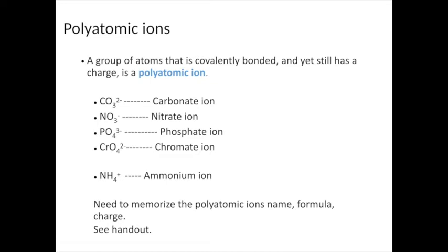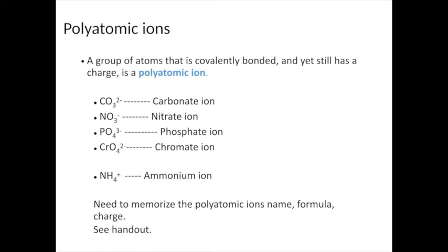In Canvas, I have a list of polyatomic ions, and the ones in bold you should have memorized. So look over that, make sure you print that out, but the ones in bold, make sure you memorize.